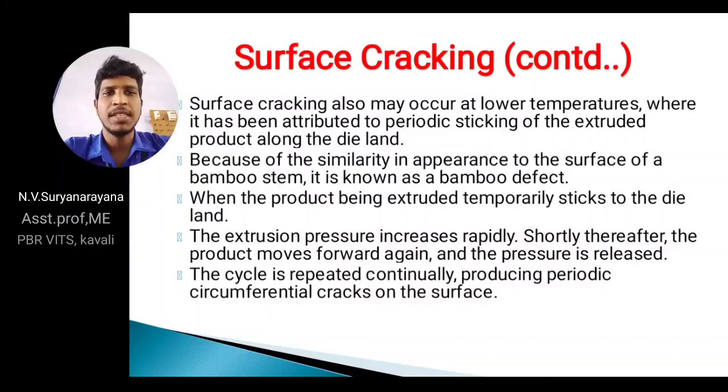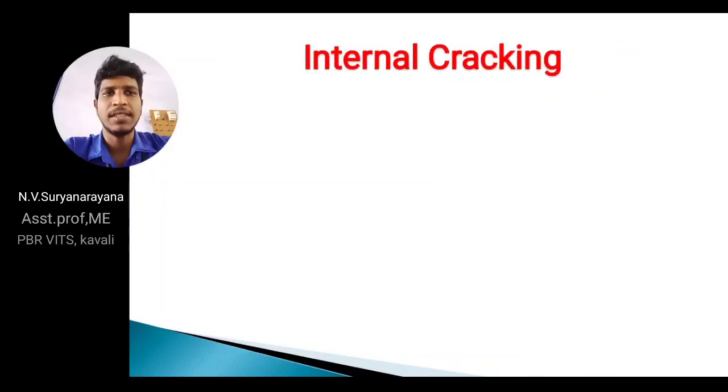The extrusion pressure increases rapidly, then the product moves forward again and the pressure is released. The cycle is repeated continually, producing periodical circumferential cracks on the surface.